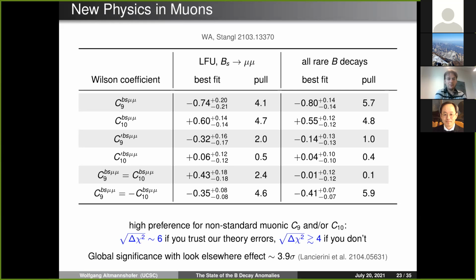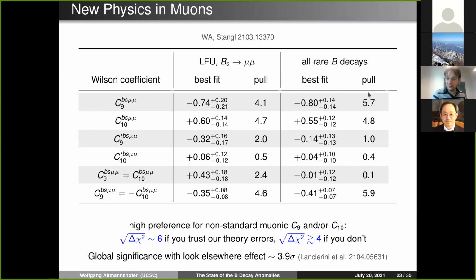If instead one puts the new physics into the muons, then one gets larger pulls. On the one hand, one can also now explain the slight 2 sigma tension in B_s to phi mu mu and all those other anomalies in the b to s mu mu transition. So the various branching ratios of the semi-leptonic decays, B to K mu mu, B to K* mu mu, B_s to phi mu mu, and the P5' anomaly, they all can be consistently described if the new physics is in this Wilson coefficient C9 or in this combination C9 equals minus C10.